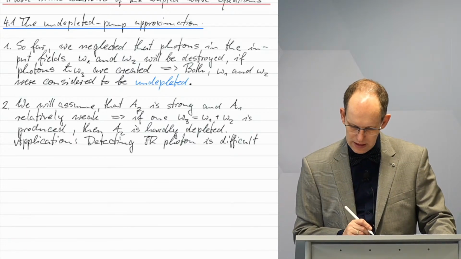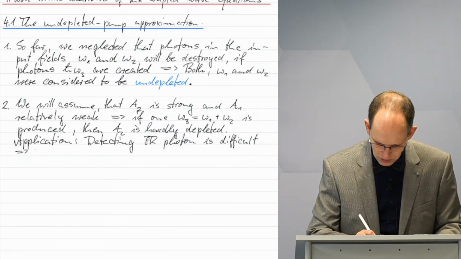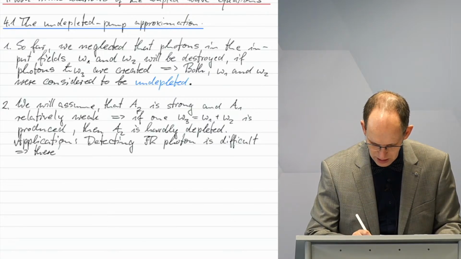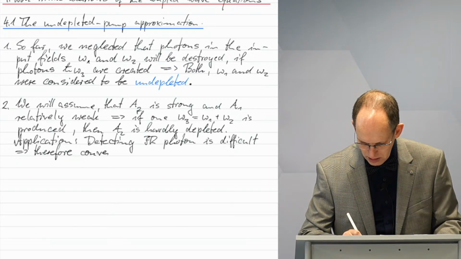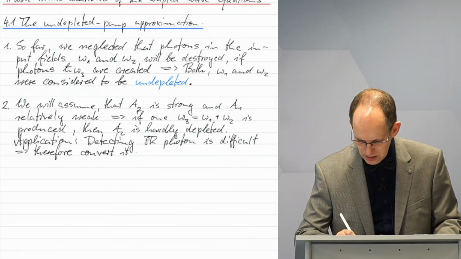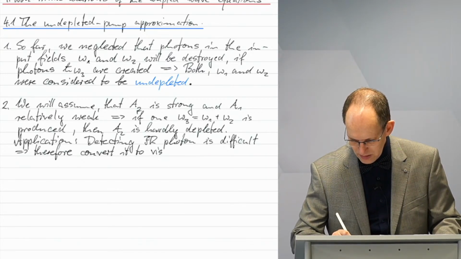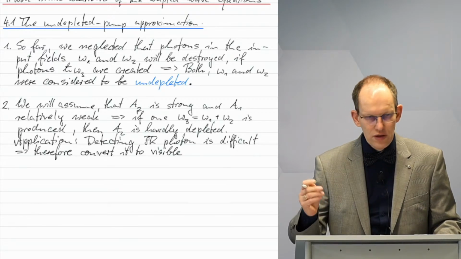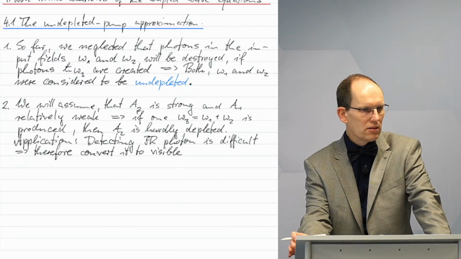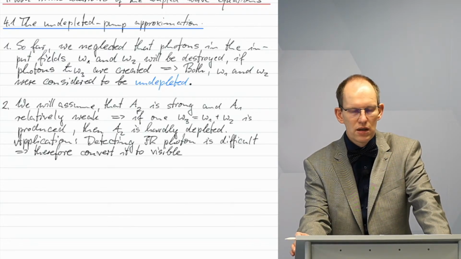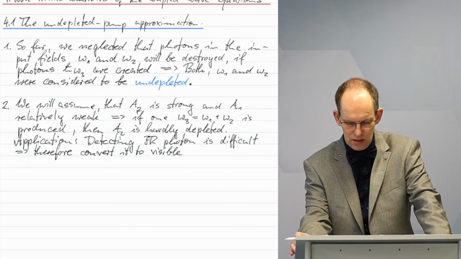Is difficult. Therefore, converted to visible or even UV, where detectors with a quantum efficiency close to 1 are easily available.